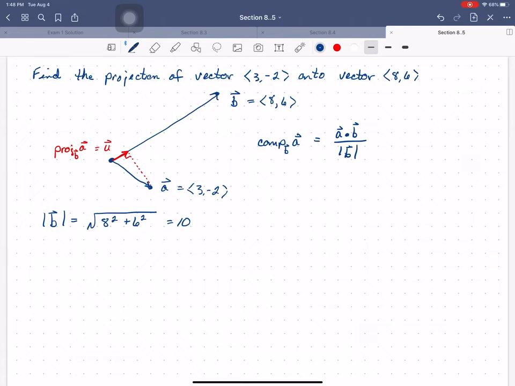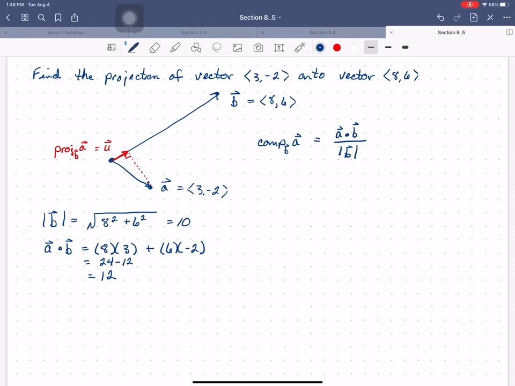All right, now the other thing I need is A dot B. So A dot B is the product of the x components plus the product of the y components, which is 24 minus 12, which is 12.